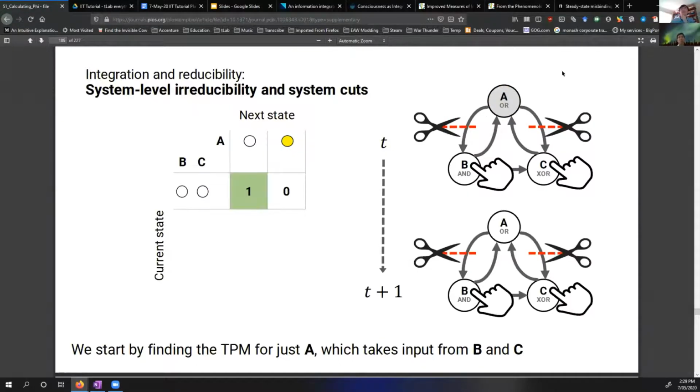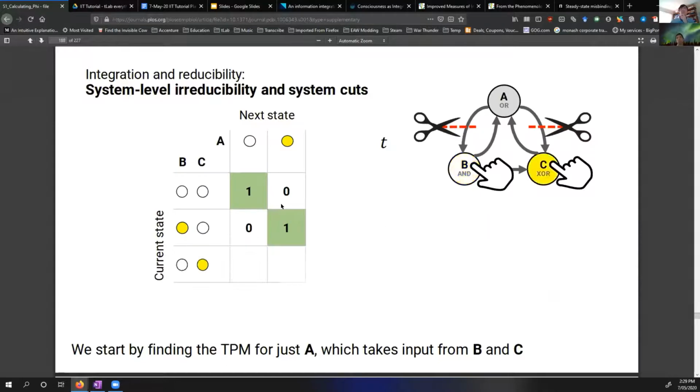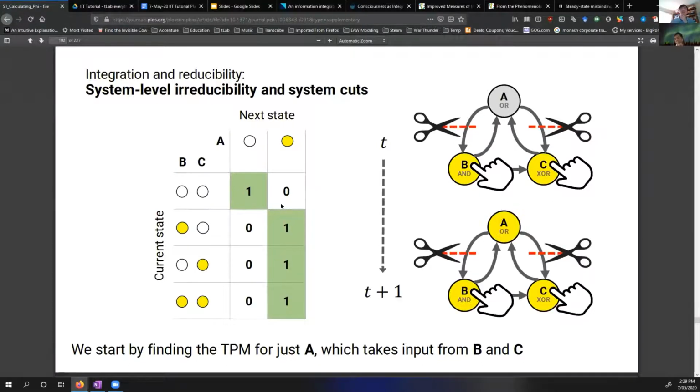Here we've noised the connection from A to B and A to C. So if we're looking at the TPM for A, which has inputs from B and C, you just build it as Yota already went through. If you have a particular state 0, 0, 0, you'll get this set of possible states with these probabilities, and then 1, 0, and then 0, 1, and then 1, 1, and you get this TPM for A after making the cut.